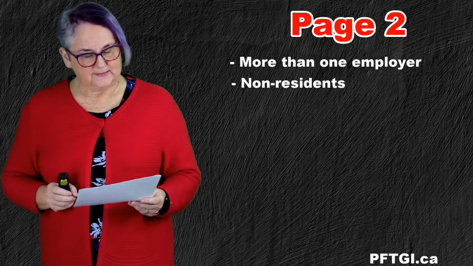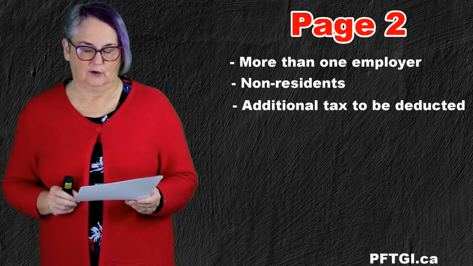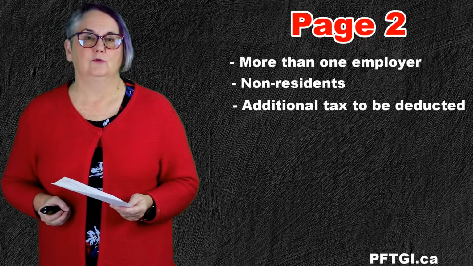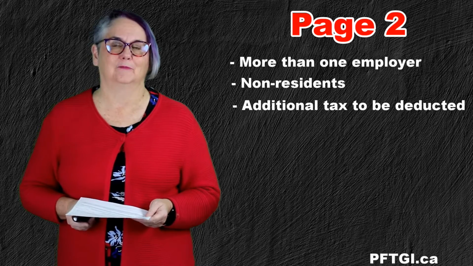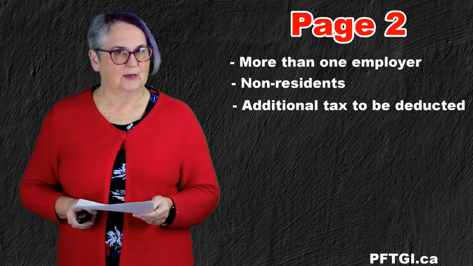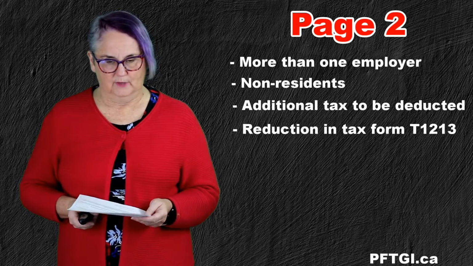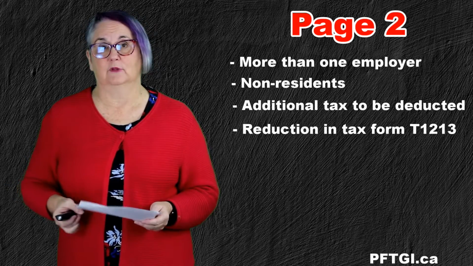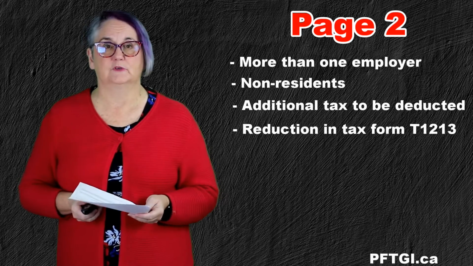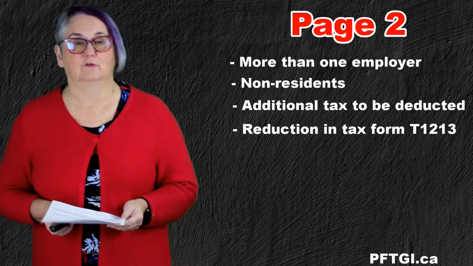You can ask for additional tax to be taken off. That is an amount. If you want to give your money to the government early and get it back in May, then you can certainly do that, and that amount would be put on this form. If you want to claim a reduction in tax, perhaps you've got some other losses or big RSP contributions or something, then there's a form, of course, for that.